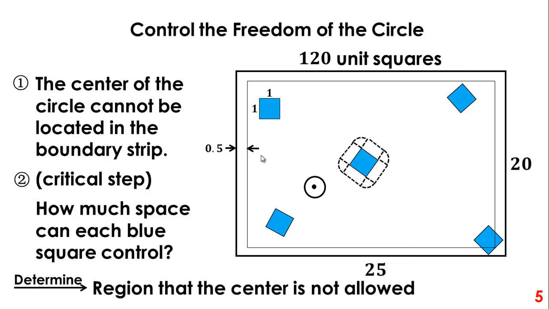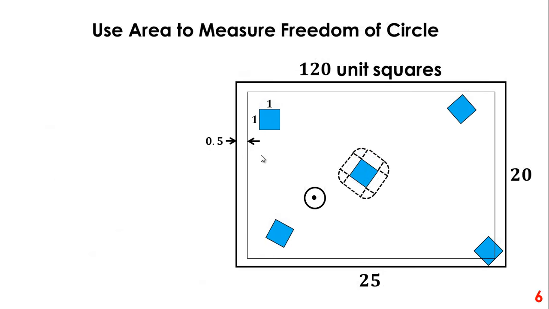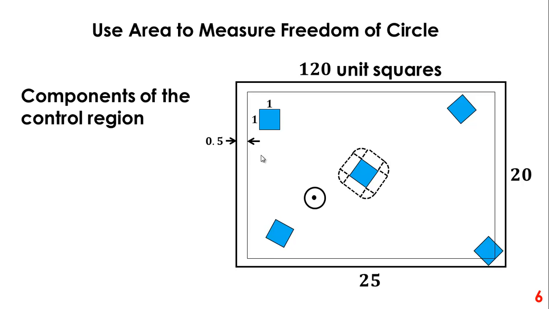Now we want to measure this control region. How much area does it have? There are three components in each control region. First, the unit square part, the blue square.